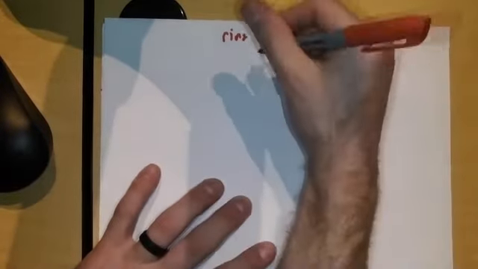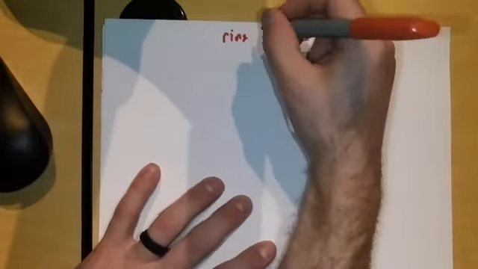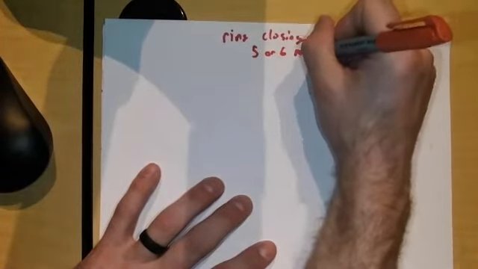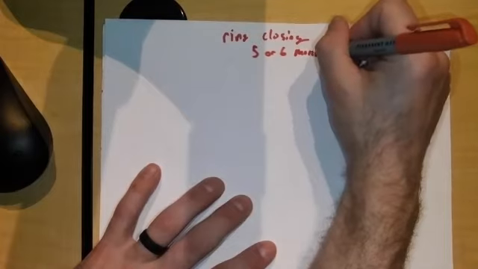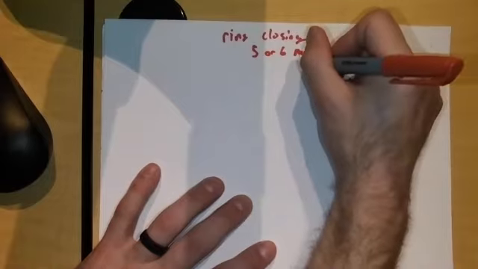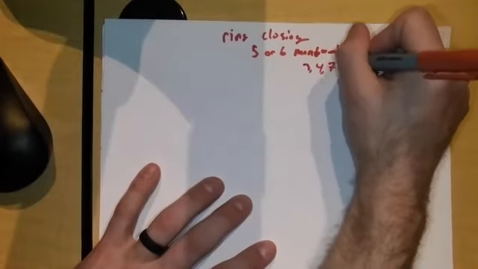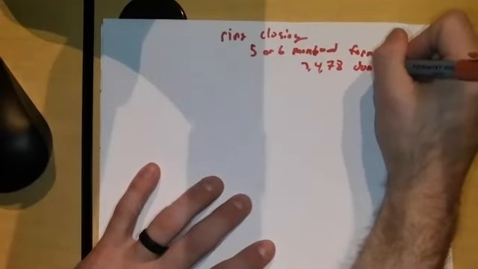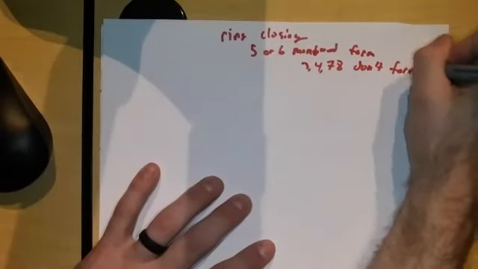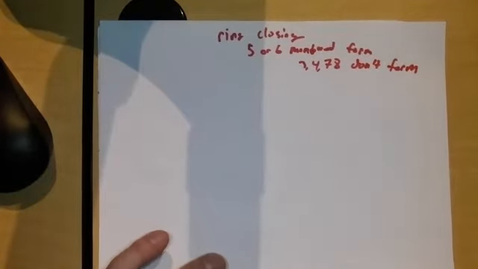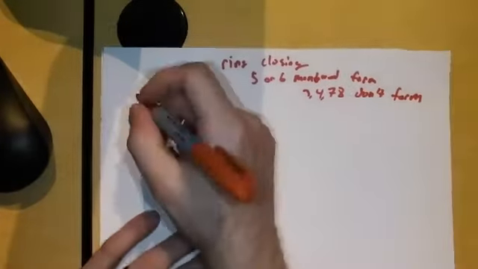For the sake of this class, your ring closing reactions are only going to really form as either 5 or 6 membered rings. Three, 4, 7, 8 don't really happen. So with that in mind, let's take a look at a problem.